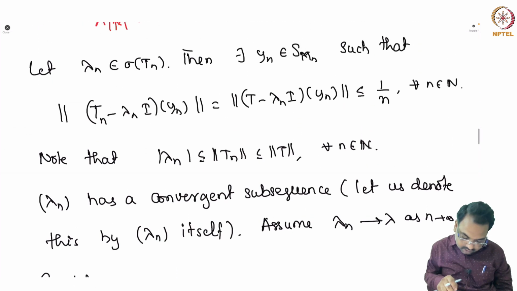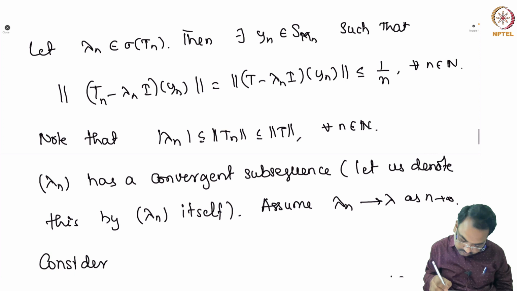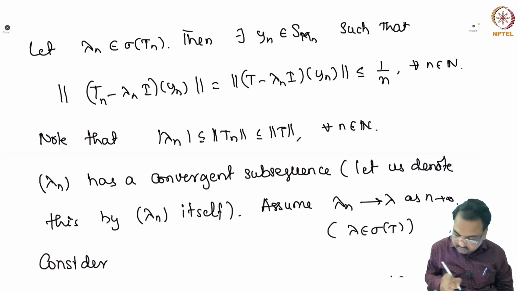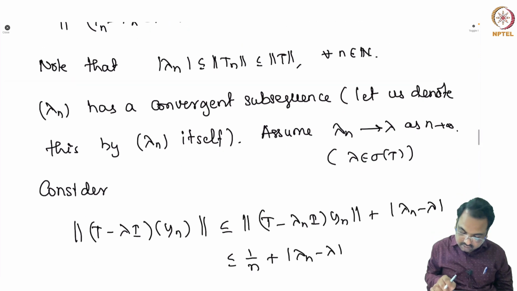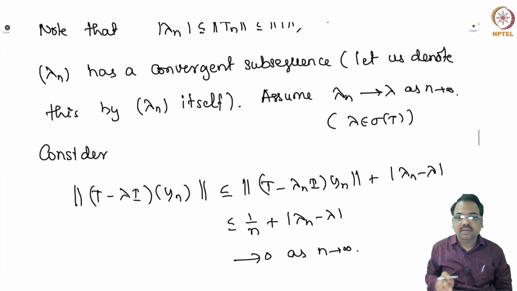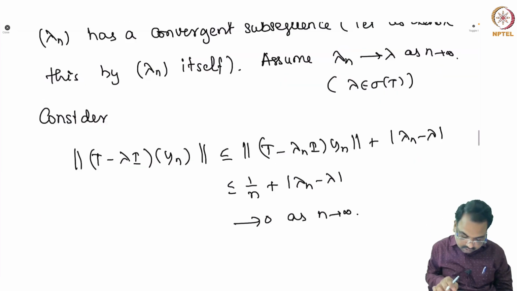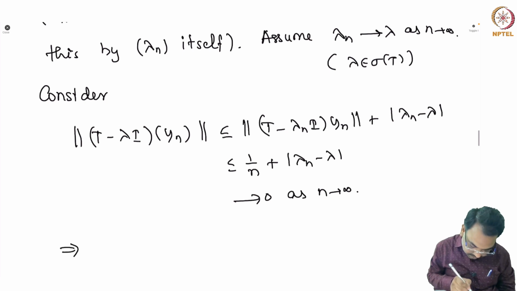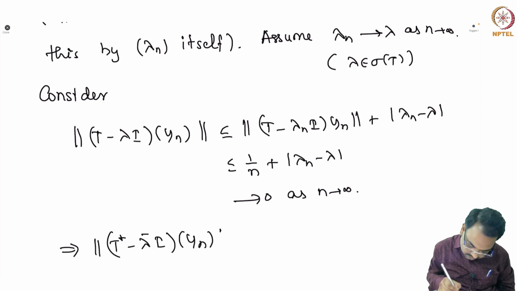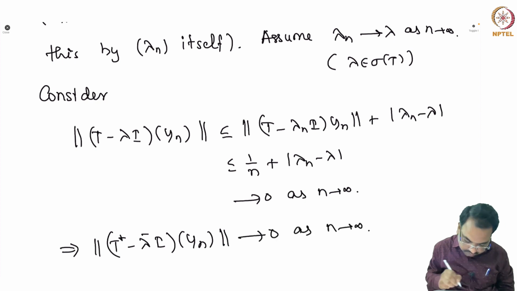And we know that lambda is in the spectrum of T because the spectrum is closed. So lambda_n is converging to lambda, and each lambda_n is in the spectrum of T, so lambda is in the spectrum. So this implies this also. From this we can say that (T star minus lambda bar I) acting on y_n also converges to 0 as n tends to infinity.